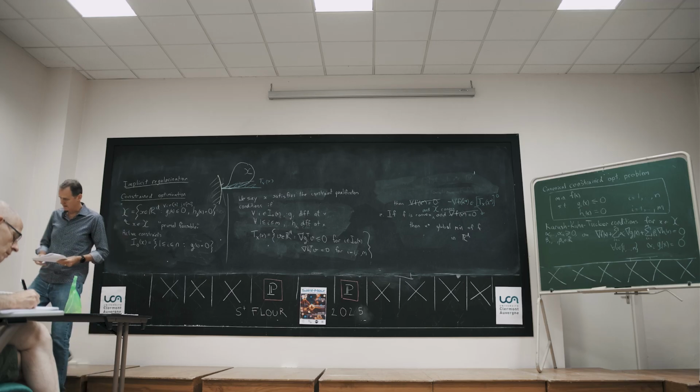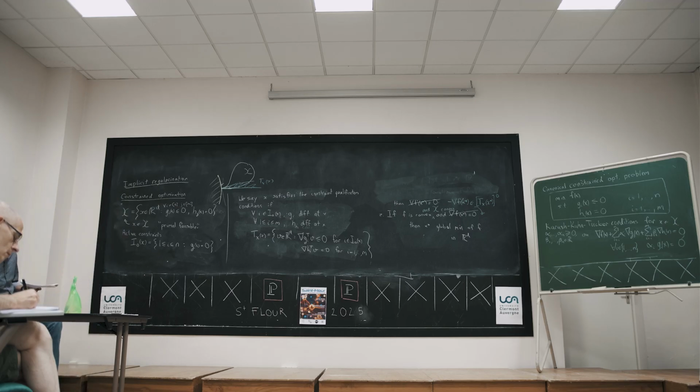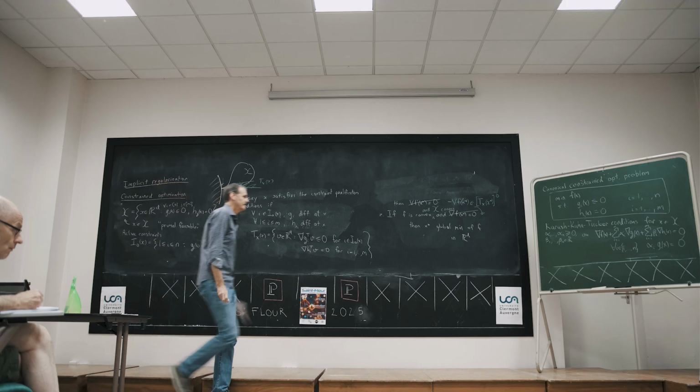Okay, so this is an explicit statement of the negative gradient of f lying in the polar of the tangent cone in that first line. The second statement, alpha i g i of x equal to 0, is called complementary slackness.